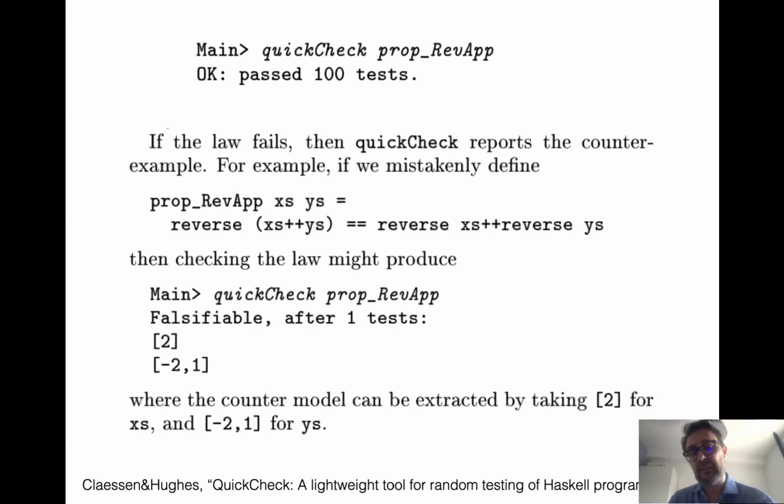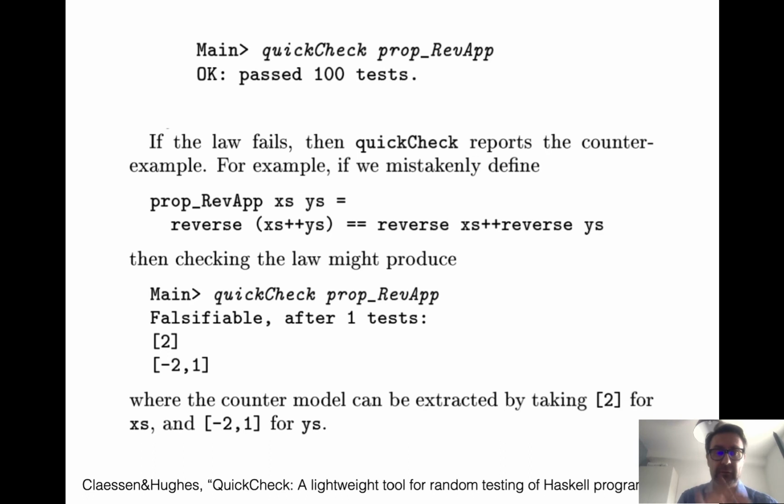So the interesting case is now if the law fails. So to illustrate this in the paper, they write a property which is wrong. So this is not typically what would happen, right? But this is a way to show what can happen. What typically would happen is that we write the properties correct, but the code we're testing is not correct. So those would be a little bit different. But here, they've written the second law, I think, in the wrong way.